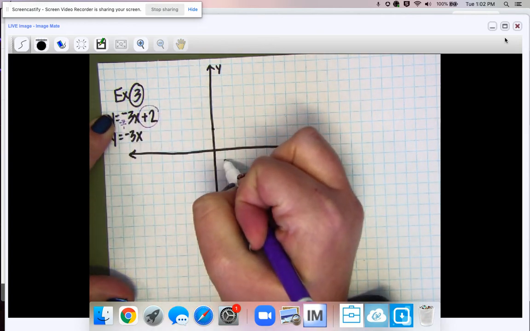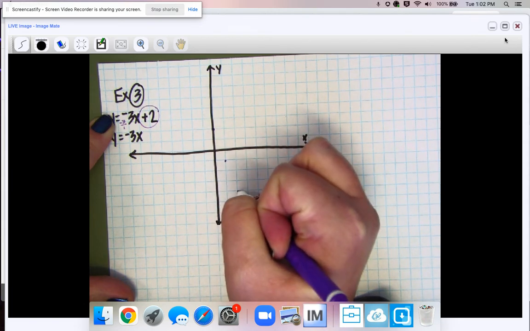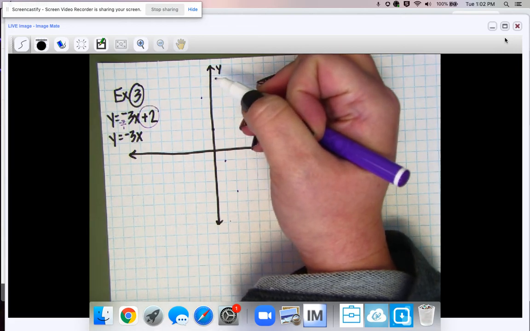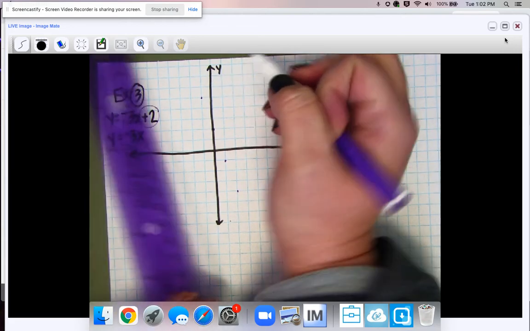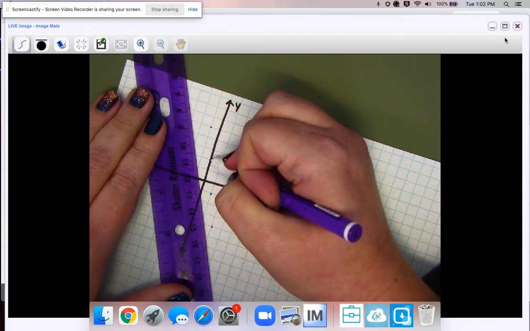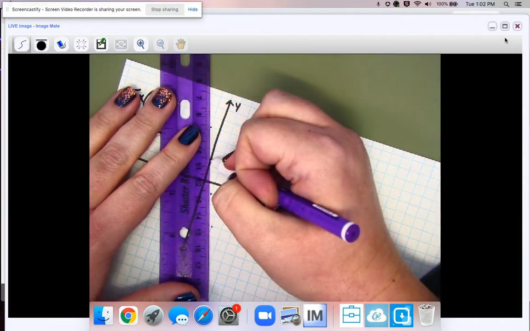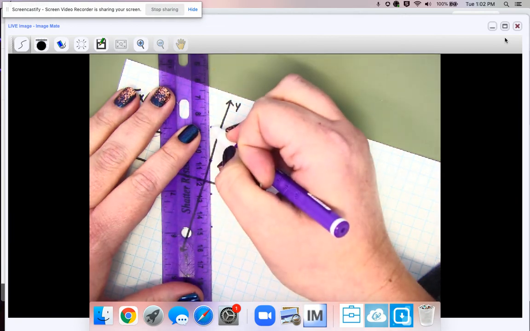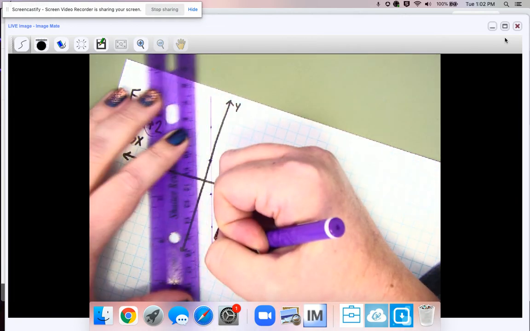So down 3/1, down 3/1. I'm actually going to go up 3/1 as well to get another point on there. And then I'm carefully going to put these on my graph. So there's my first equation.